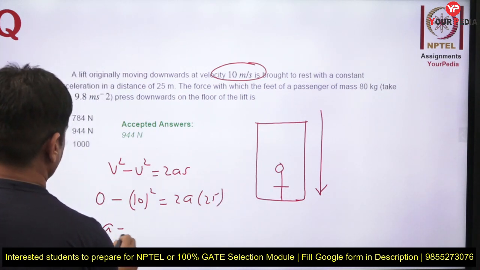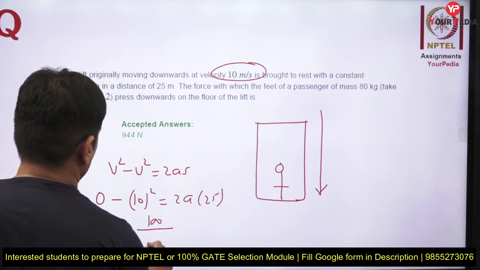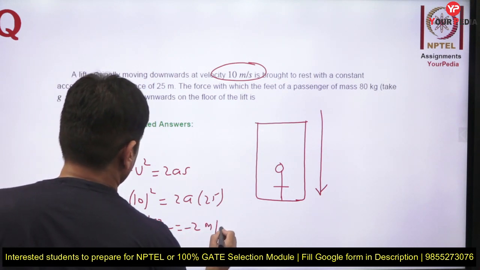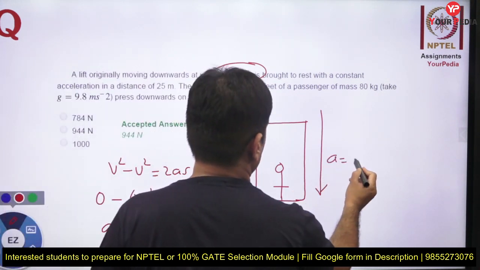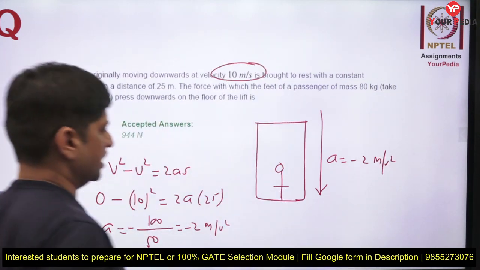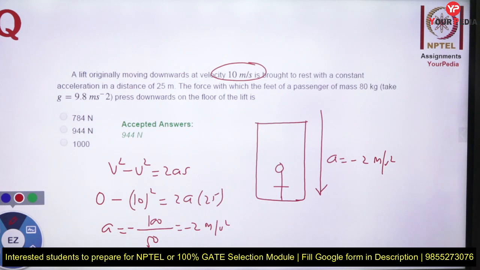So what is acceleration you are getting? 100 over 50, so minus 2 meter per second square. So it is accelerating downward with minus 2 meter per second square. So that means it is not accelerating, it is retarding.